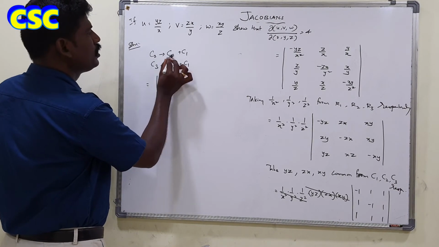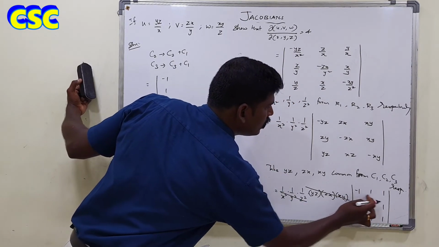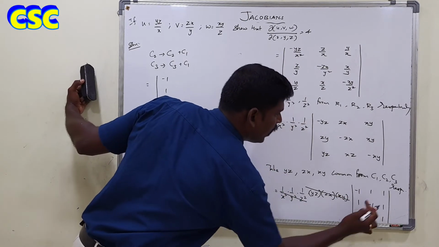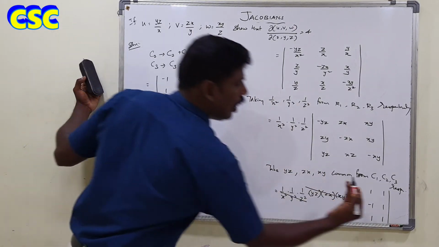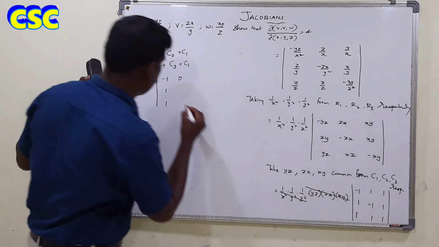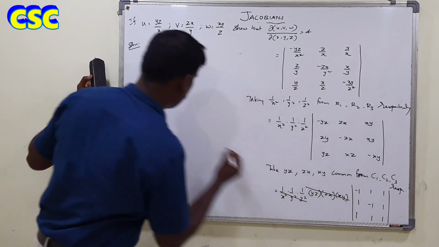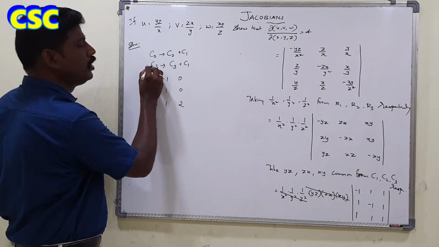So C2 implies C2 plus C1. Adding C2 and C1 and substituting in C2, corresponding terms should be added. So 1 plus minus 1, 0. Add C1 and C2 and write it in C2. So add these two terms, it will be 0. Add these two terms, 2. Right? Similarly, add C1 and C3 and substitute it in C3.